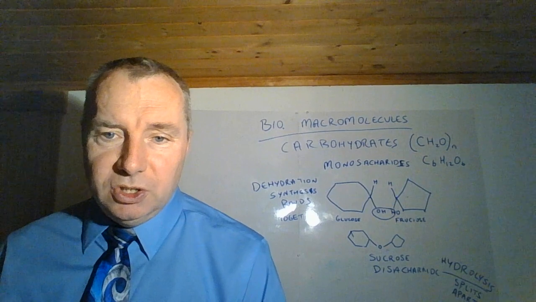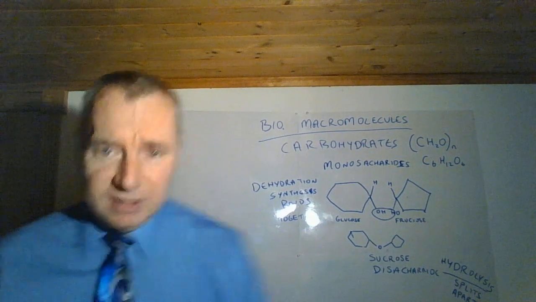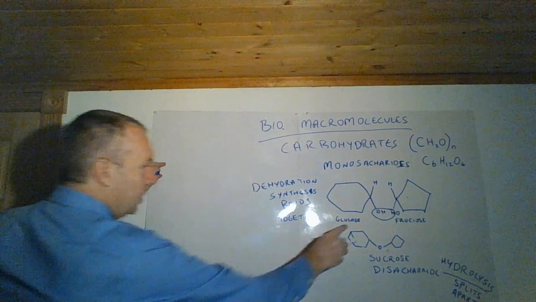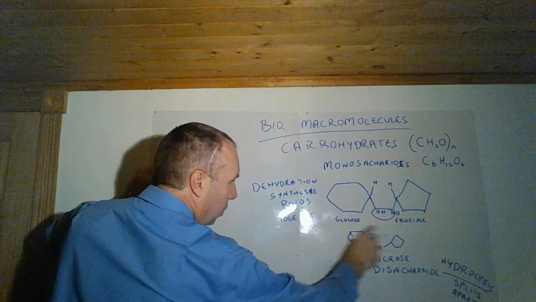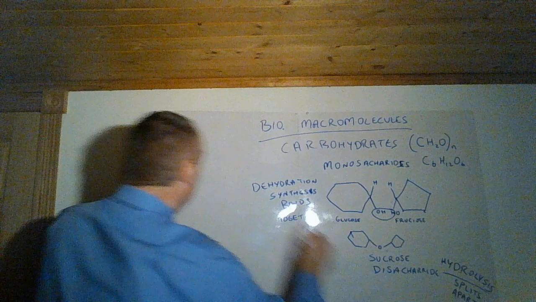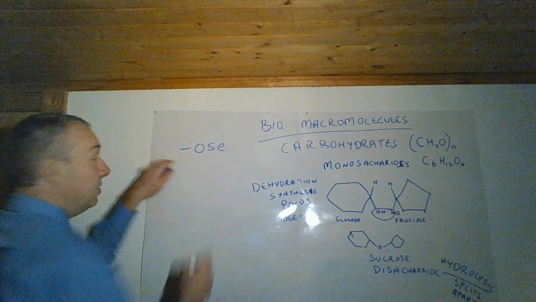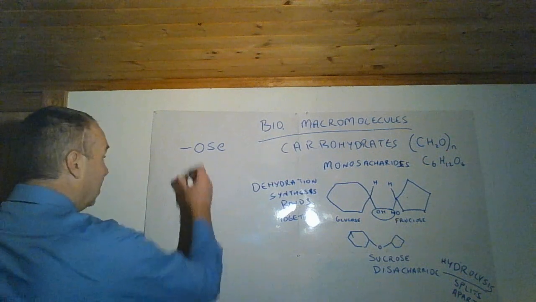When we're talking about sugars, an important suffix to note is this one here. You'll notice all of them have it: glucose, fructose, sucrose. So wherever you see this, it means sugar.